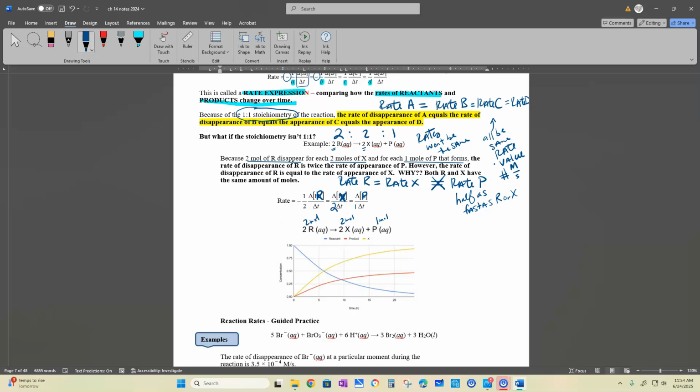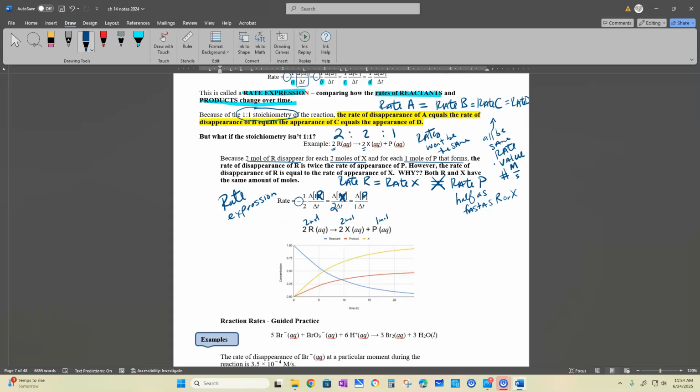Do you have to write the 1? No. So as R is disappearing, X is appearing, and P is appearing. This is called a rate expression. However, between me and you, I'm not a fan of this expression because it's misleading.